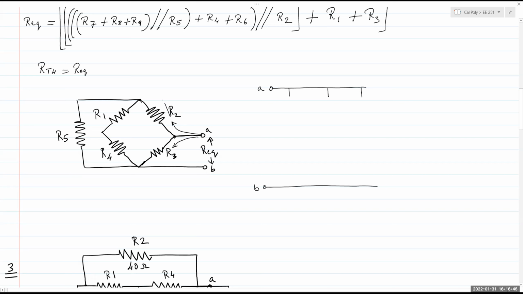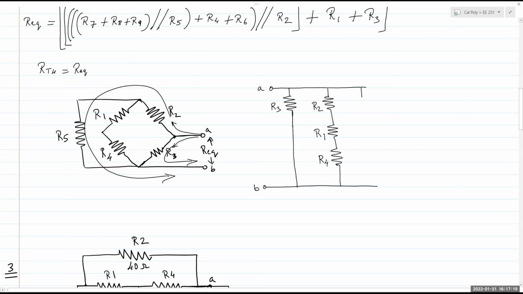Now R2 goes all the way around here, goes all the way to B. R3 actually just connects directly to B. So I'm going to draw out R3 first. R3 starts from A, goes all the way to B. Then draw out R2. R2 is connected to R1. R1 is connected to R4, and R4 is connected to B. That's it, 4 resistors done.